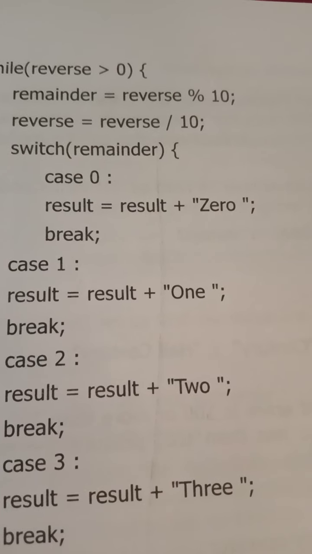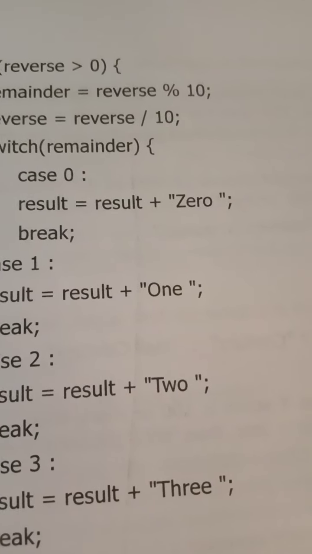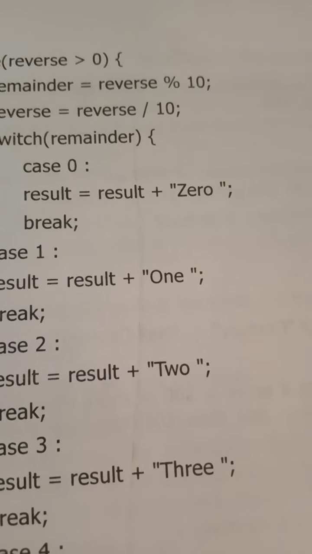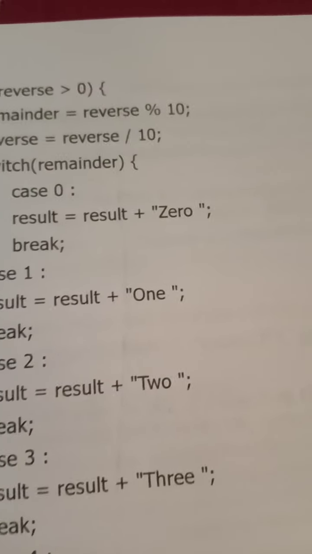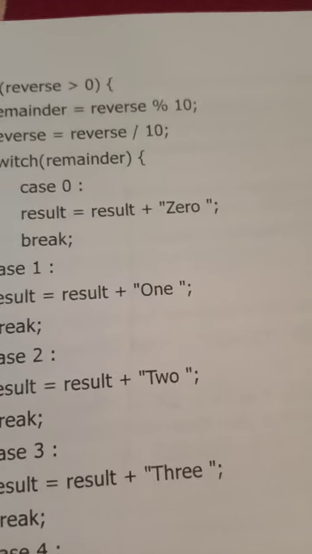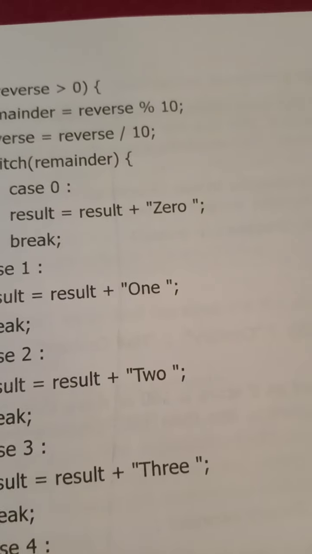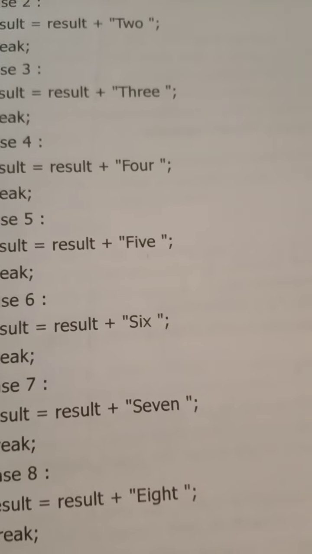Then remainder equal to reverse modulus 10. Reverse equal to reverse division 10. Here 421 is the number. Reverse modulus 10, then it is picking 1, then 2 and then 4. Again it is picking the number from unit place. Here it will exclude 1 or it will remove 1, and then we will have 4 and then 2.